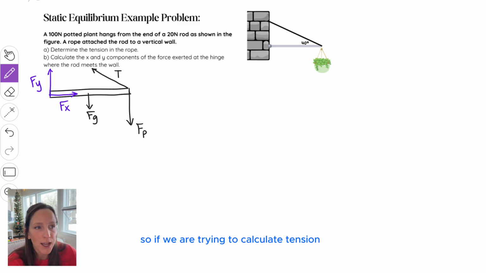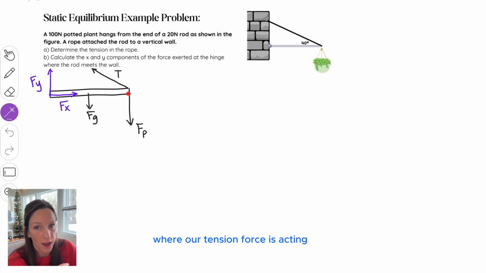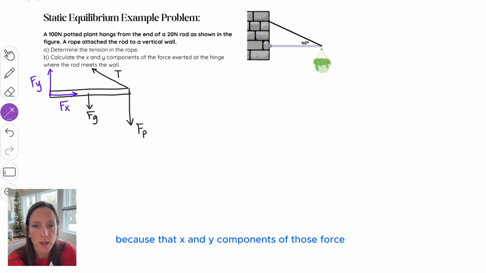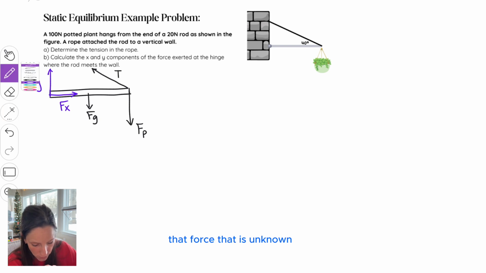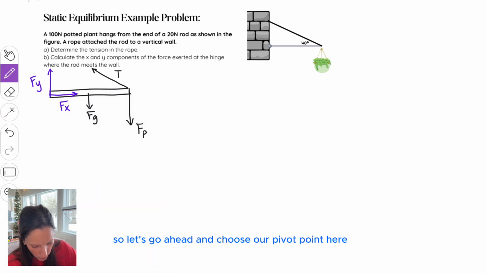So if we are trying to calculate tension, we would not want to choose our pivot point at the end where our tension force is acting. We don't want to pick that one. We also don't want to pick a point like the gravitational force because we know what that force is. So we can pick our pivot point here, because the X and Y components of the wall force are unknown. So let's go ahead and choose our pivot point here.